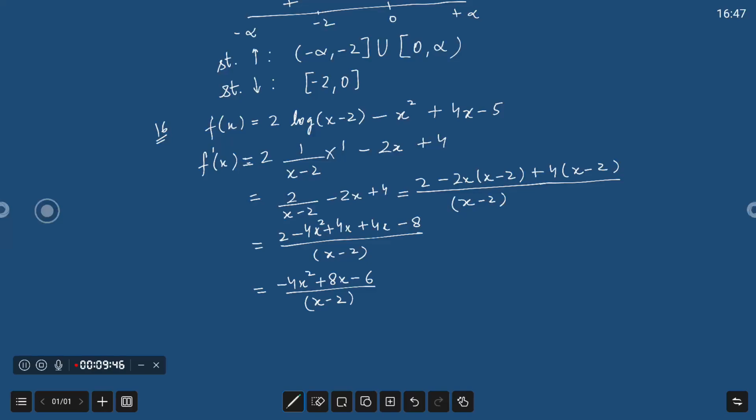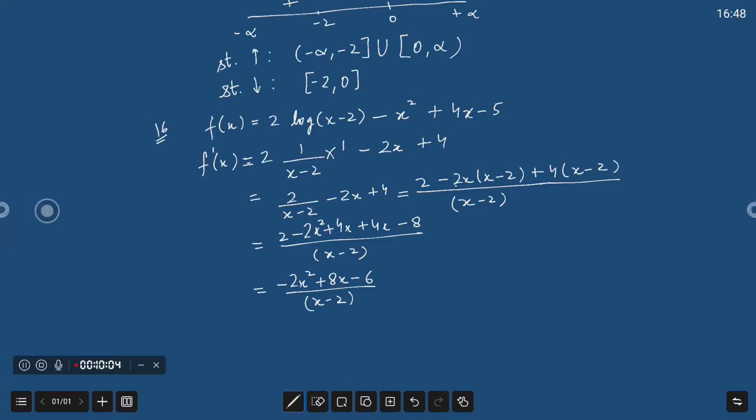It should be 2x square here, not 4, because when you multiply this and this, it becomes 2x square. So it is minus 2x square plus 8x minus 6 upon x minus 2, right?